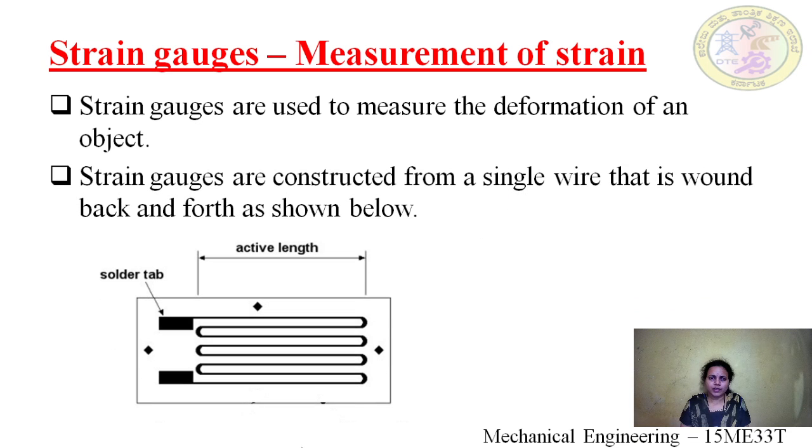Now this is a simple strain gauge. It is constructed from a single wire that is wound back and forth. These two ends are connected to the points where the strain has to be measured. So here it is the soldered tab.